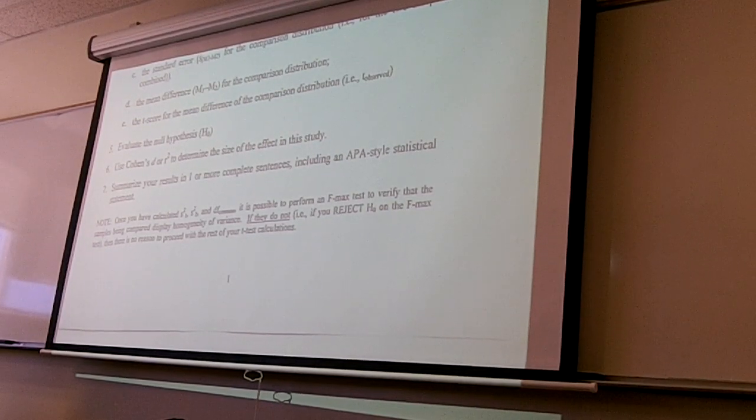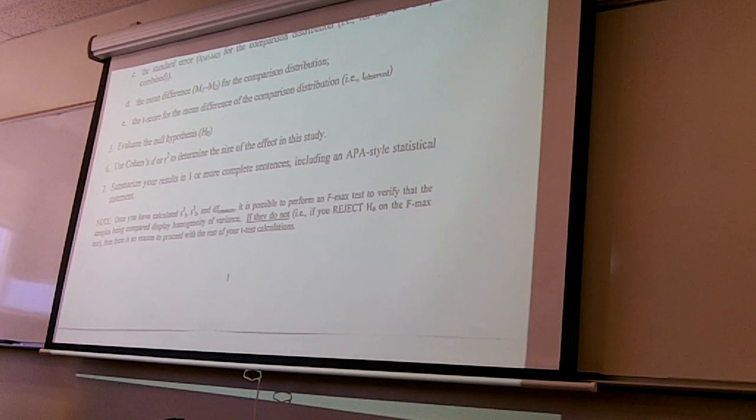So I want to talk to you now about how we do that so that you will be able to answer this one last question on the problem set and be able to do this kind of problem on the test. Now this only happens with independent groups t-tests, right? We only do this for independent groups. It's the only time we have two groups that need to be similar enough to compare, right? Okay. So Fmax is pretty straightforward.